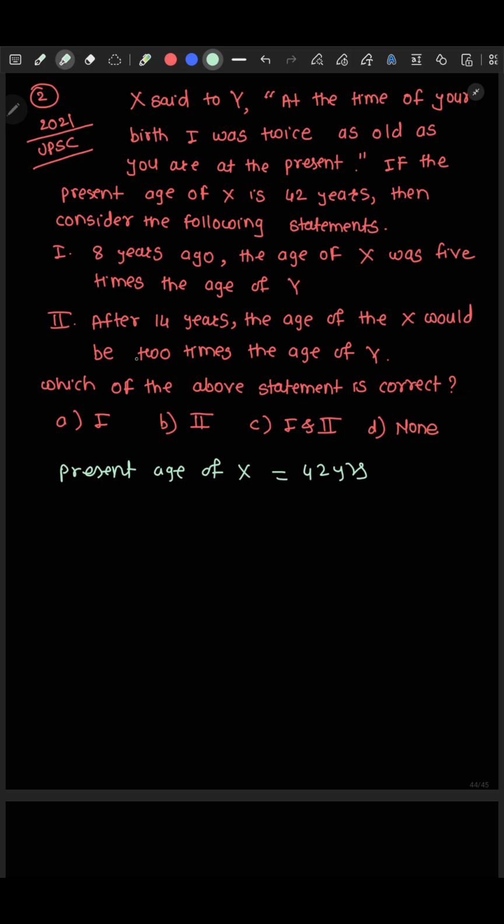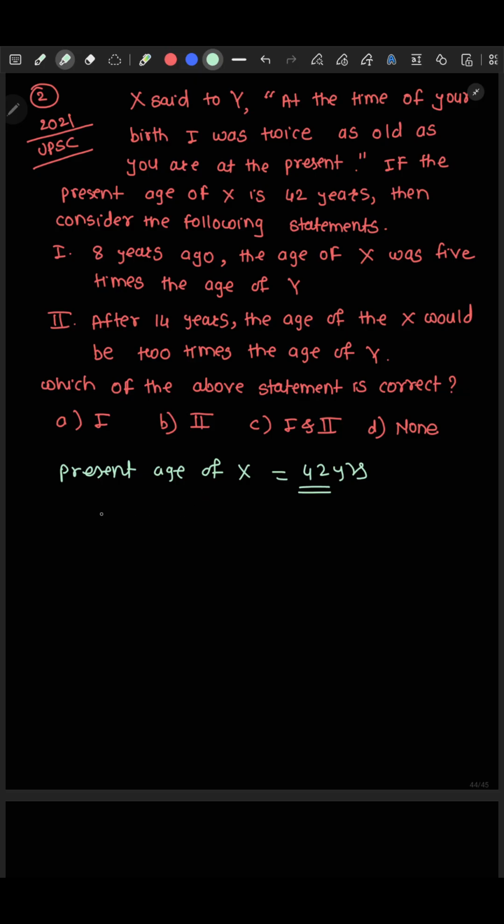To validate the statements, we must find out the age of X as well as the age of Y, and then validate the two statements. Now we know the present age of X is 42 years. It is given. If you read the first statement itself, X said to Y at the time of your birth.